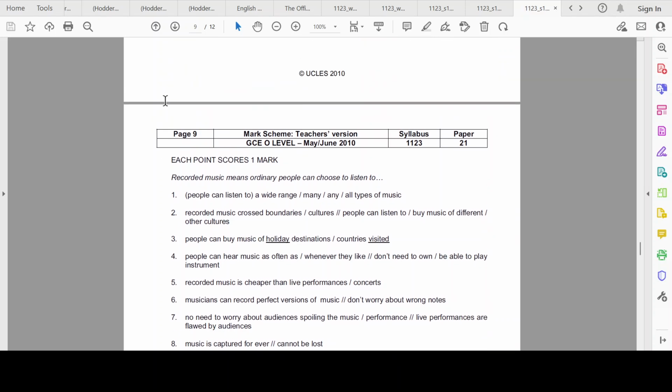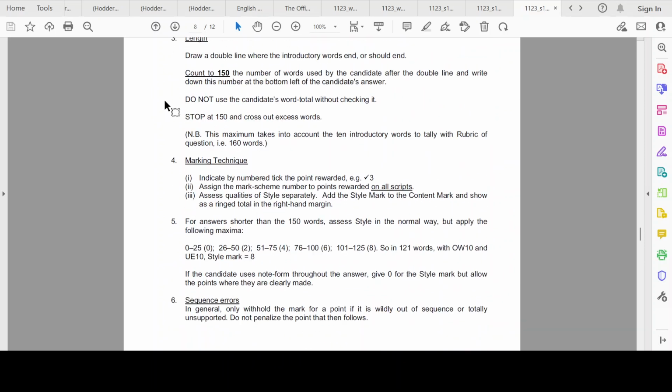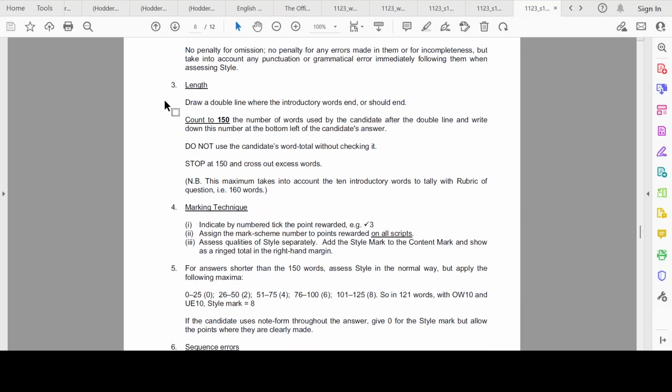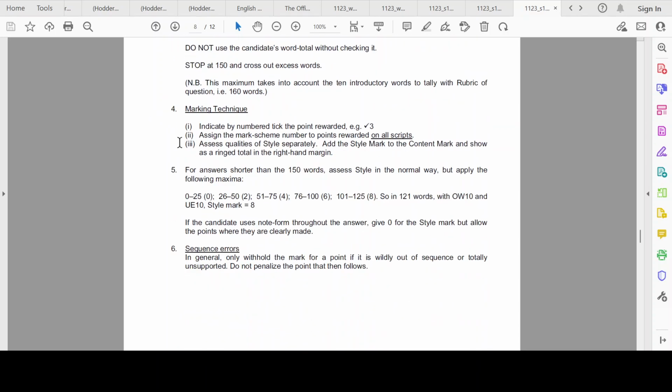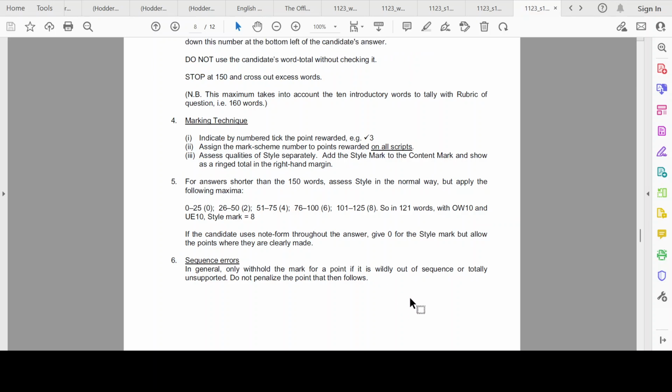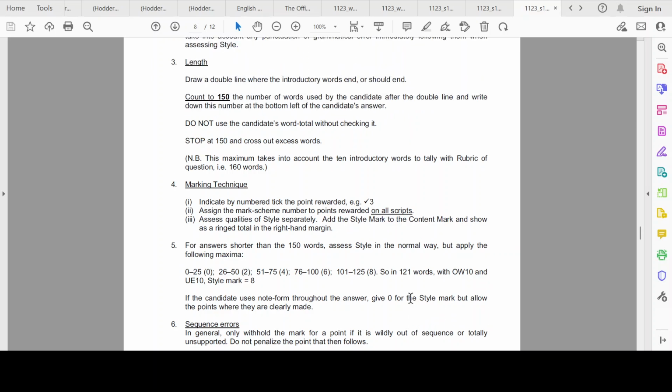Does it mention maximum score? Length, introductory words, marking technique. At the moment, I'm not able to locate the maximum number of points that they expect.